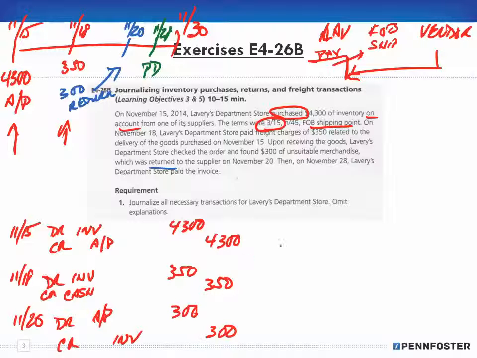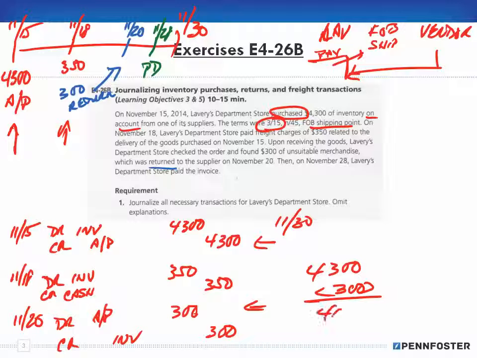Right? Okay, but now we're going to have to pay for it. So it's now 11/30, and we're going to have to figure out how much we're going to pay. Well, when we look at our accounts, we had a credit to accounts payable for 4,300, right? And we have a debit to accounts payable for 300.